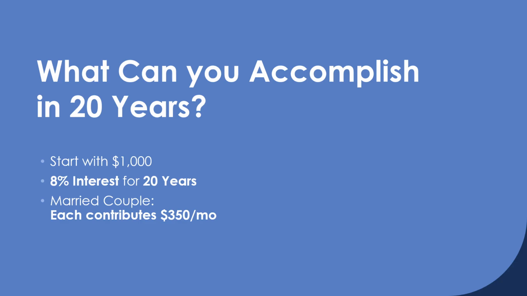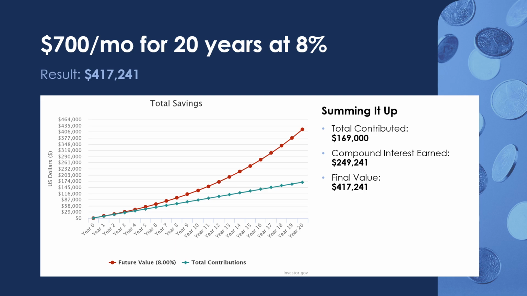But what if you are not 15, 20, or 25? What if you're 45? Let's consider a married couple where each spouse contributes $350 per month. Together, they contribute $700 per month, starting with an initial investment of $1,000 and earning 8% for 20 years. Let's see what they can accomplish. Here are the results.